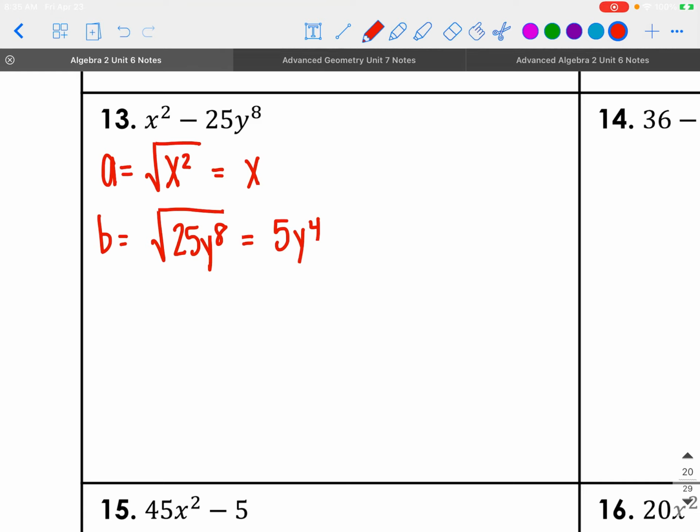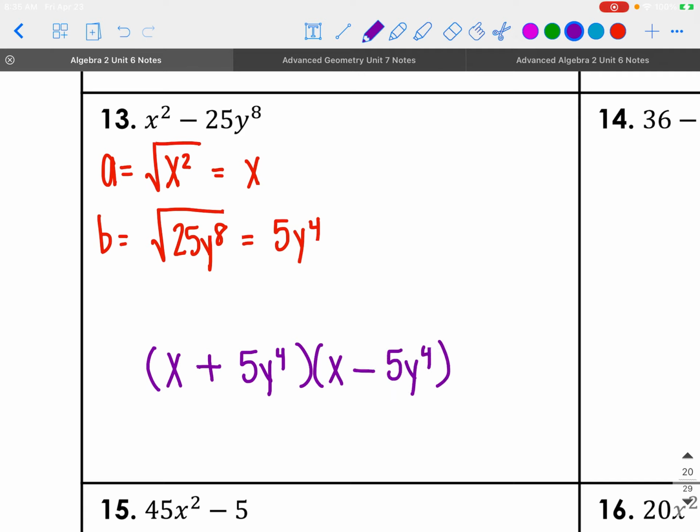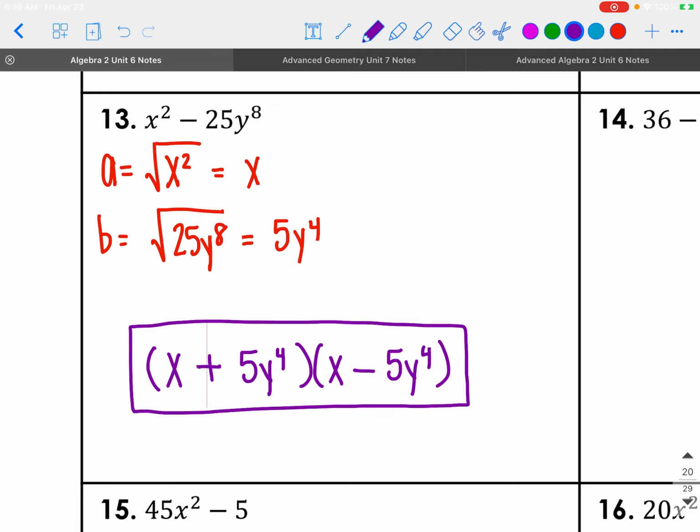So for my A, you get x. And for the B, you get 5y to the 4th. So your answer is x plus 5y to the 4th, x minus 5y to the 4th.